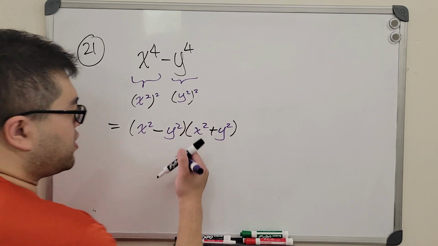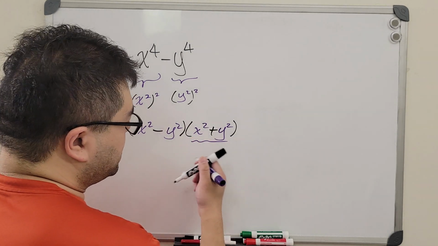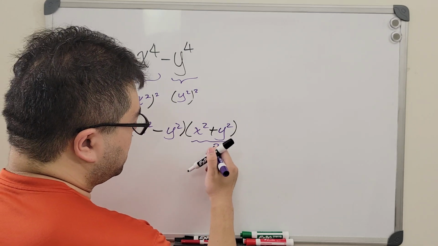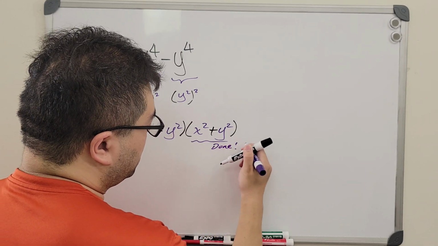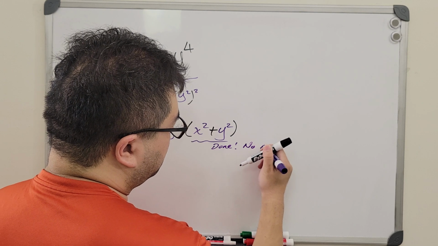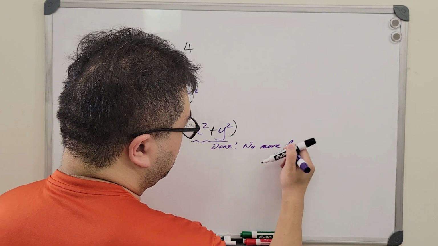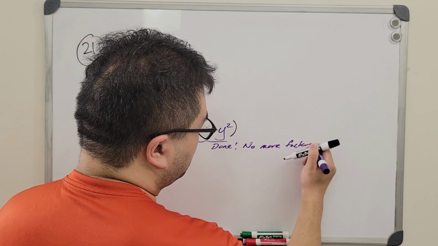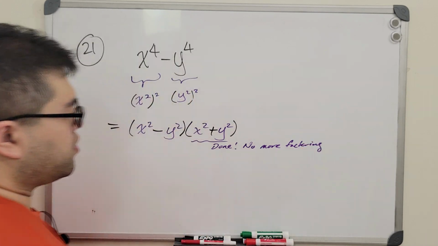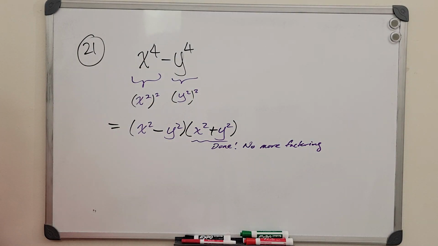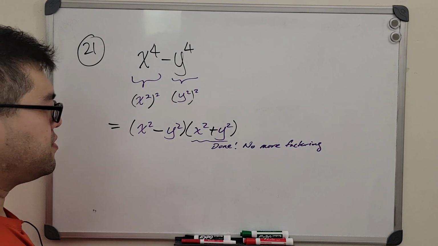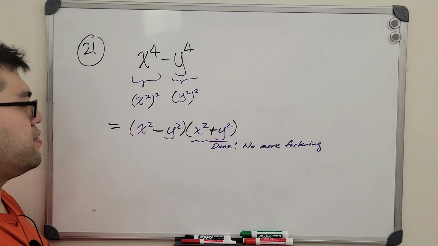So this part is actually done. There's no more factoring, because again, it's something that we already discovered in the last couple problems.